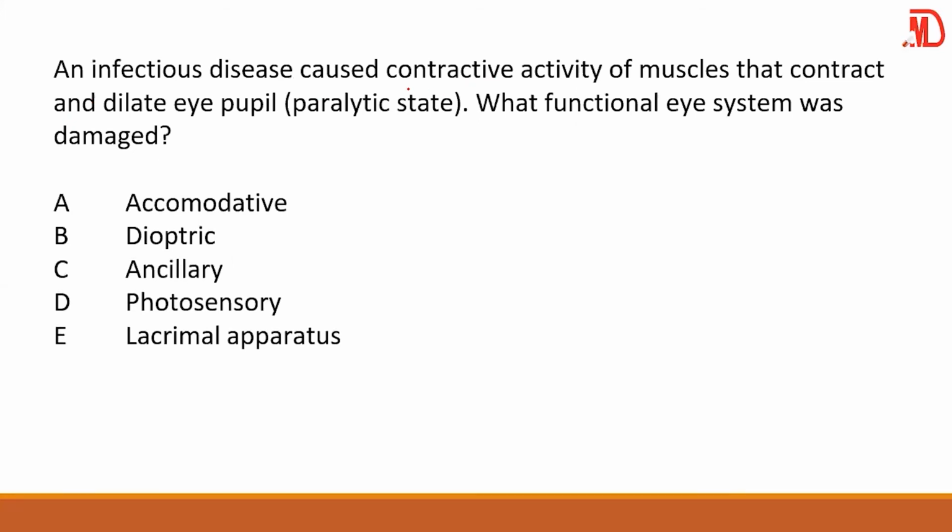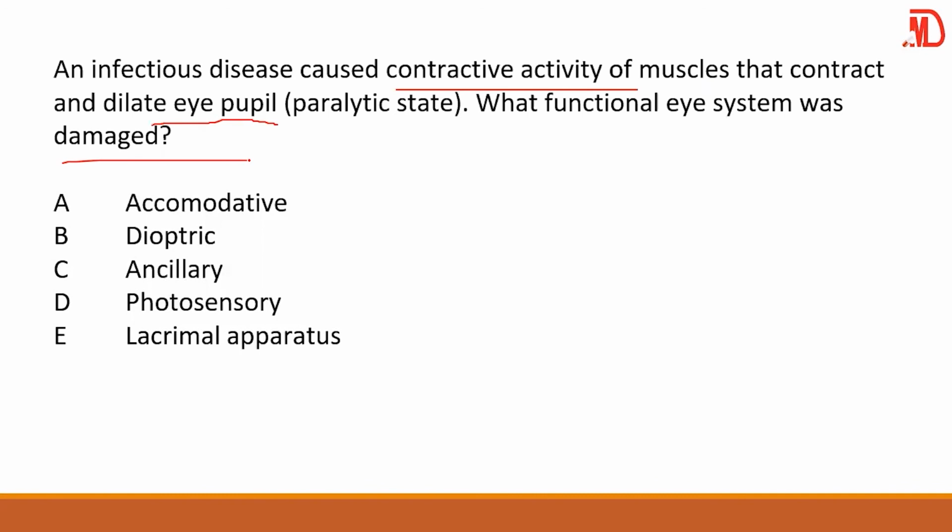Infectious disease caused by contractive activity of muscles that contract and dilate eye pupils. Again, an infectious disease has caused a contractive activity of the muscles that contract and dilate the eye pupil. What functional eye system was damaged?